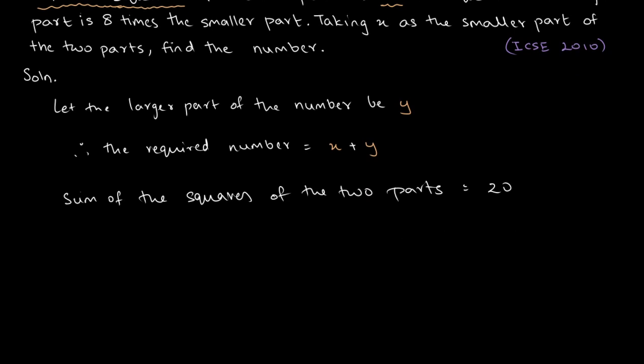One number is x, so the square of that is x squared, the other number is y, so the square of that is y squared, and the sum of their squares will be x squared plus y squared, which is equal to 20. So this for now will be our first equation.